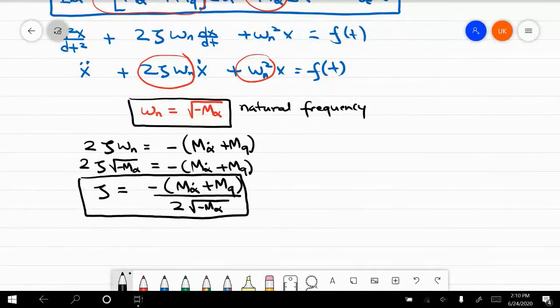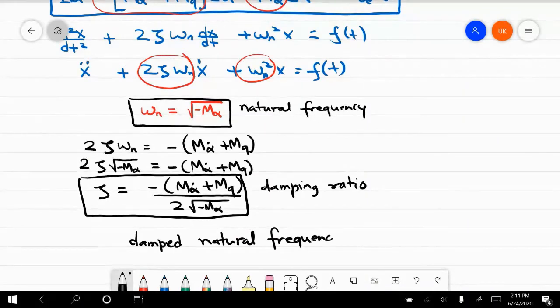This is the damping ratio. And after you find them, you can also find the damped natural frequency, which is omega equals omega n times the square root of 1 minus zeta square. So you can just make a substitution and you can find that.